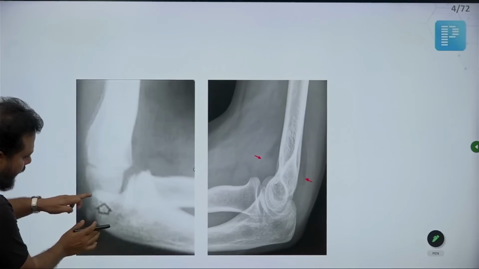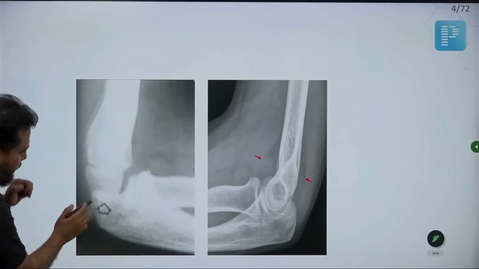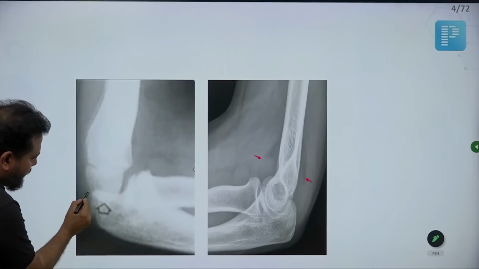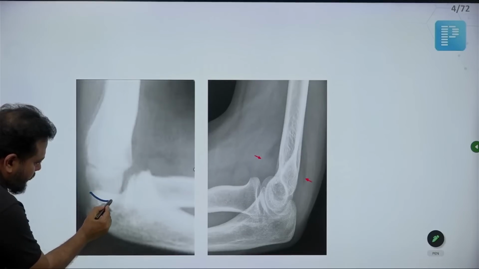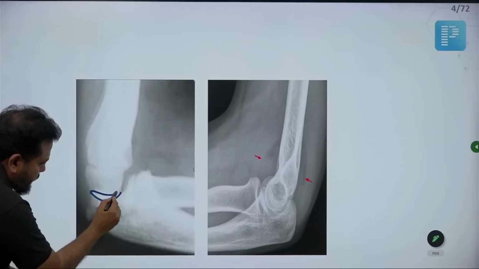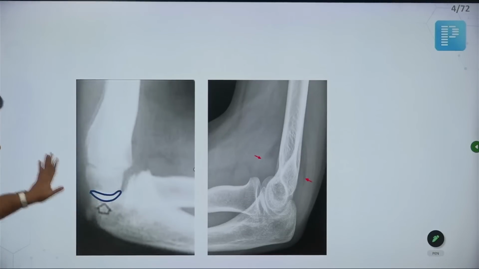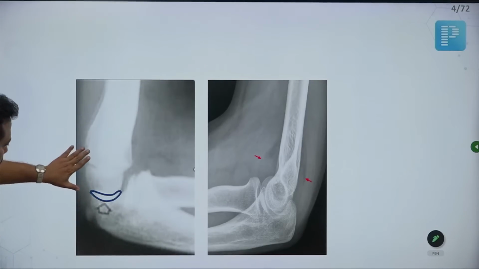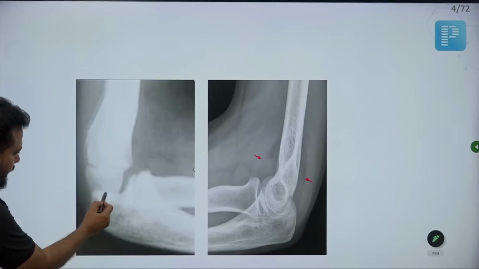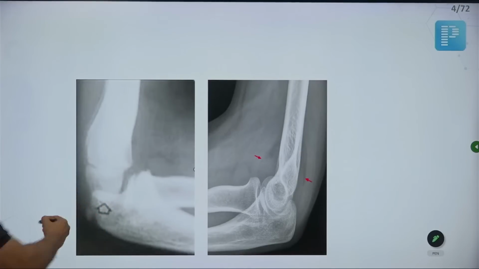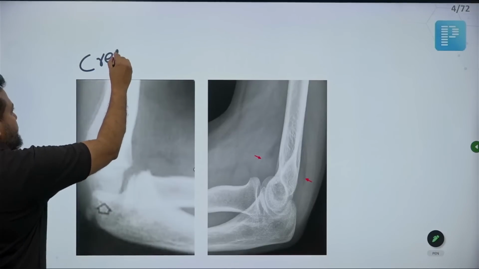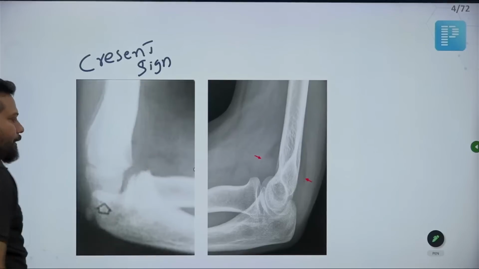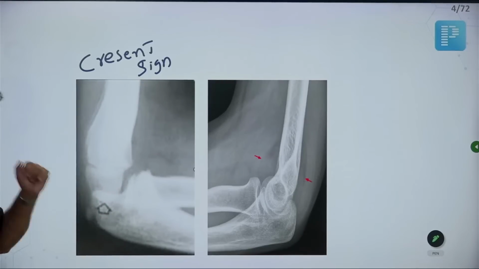There is an overlap of the olecranon towards the capitulum. Capitulum comes this much, and olecranon overlaps. When it overlaps, you can see a crescent-shaped opacity very clearly. This is called the crescent sign, like a moon. Crescent sign, the third radiological sign of supracondylar fracture.